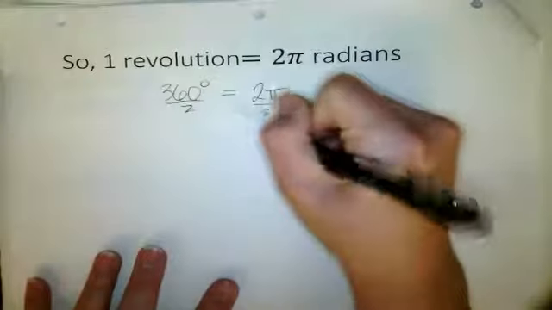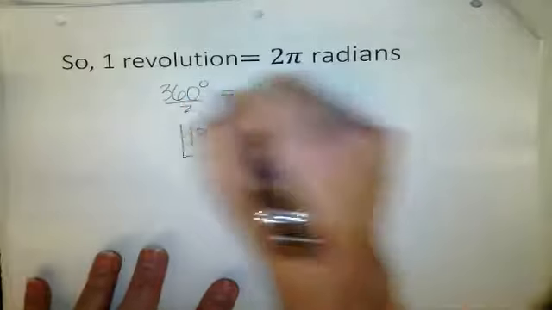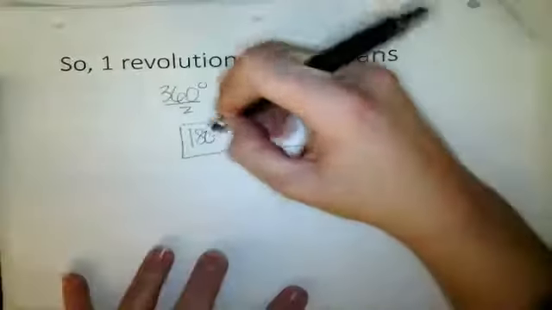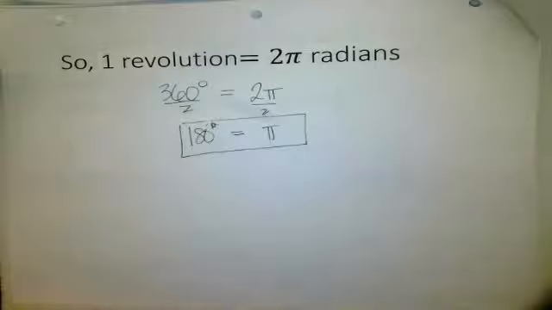Divide by 2. So pi is equal to 180 degrees. And this is our unit conversion that we'll be using. You'll notice that I am very careful about writing the degree mark. The degree symbol is really, really important. 180 degrees is equal to pi radians.